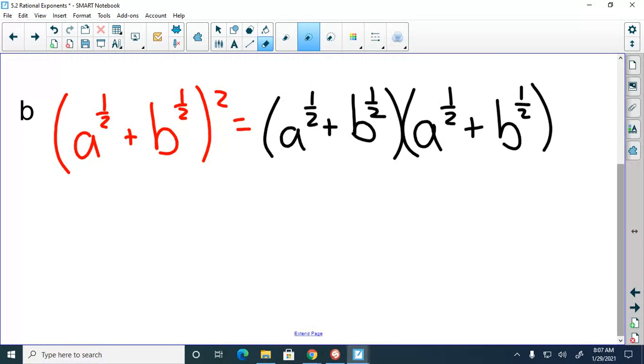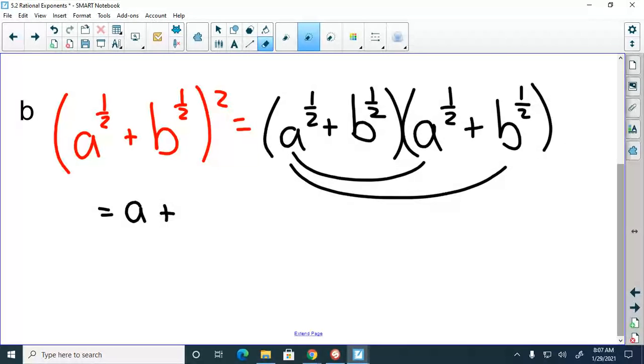So we can expand it though, and FOIL our objects together. We'll have first times first, where we add the exponents. So that's A to the 1. Outside, we can't do anything because they're different bases, so we just write A to the 1/2, B to the 1/2. Inside, again, A to the 1/2, B to the 1/2.